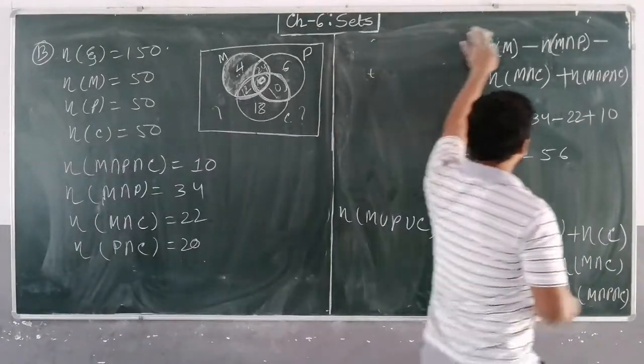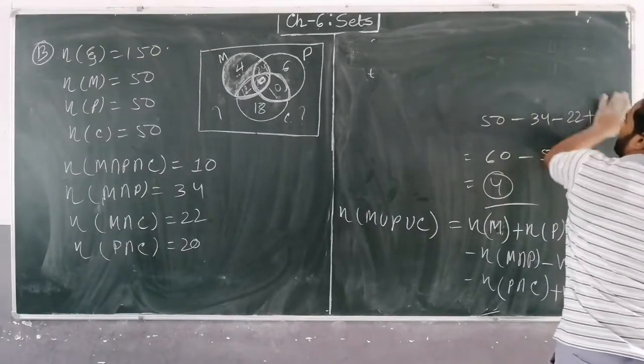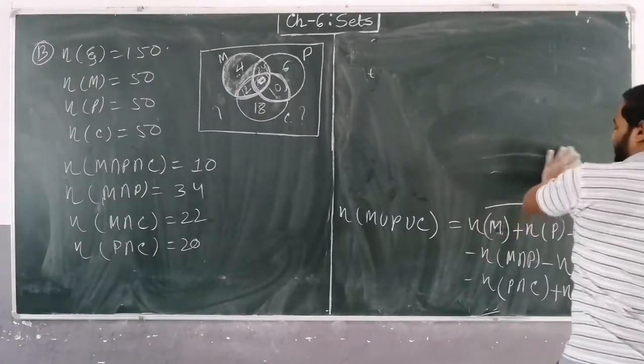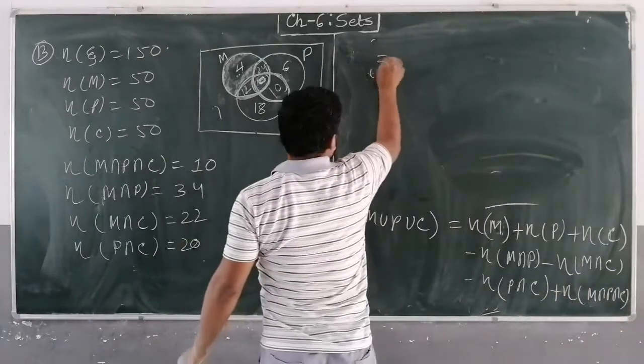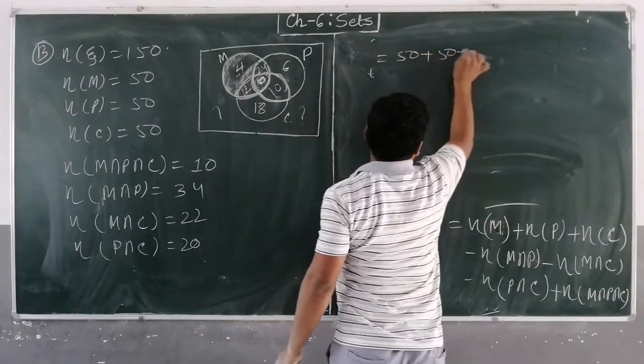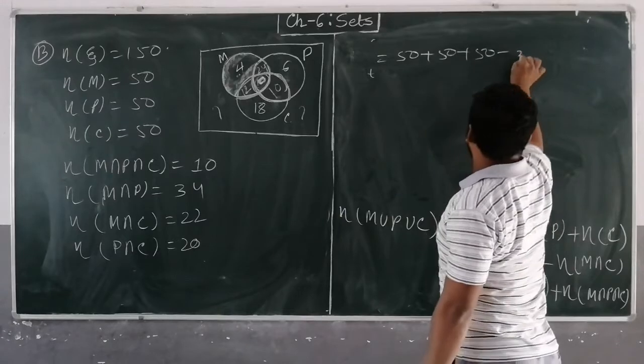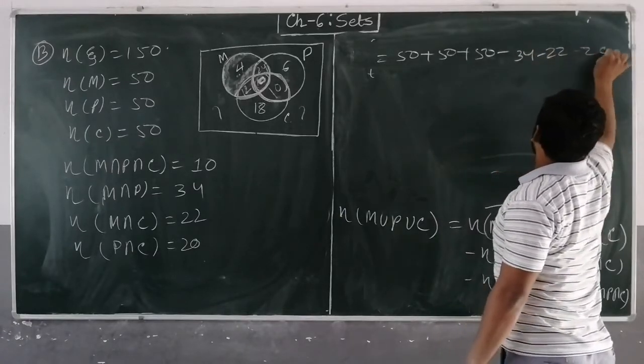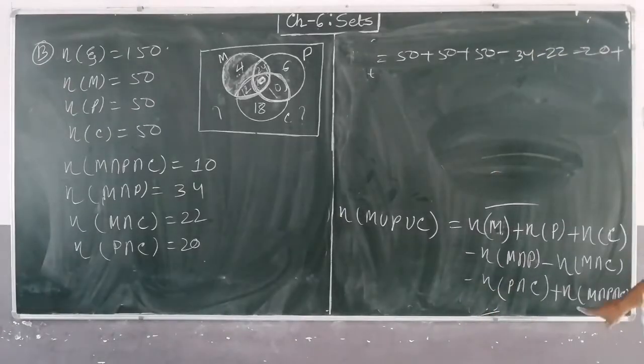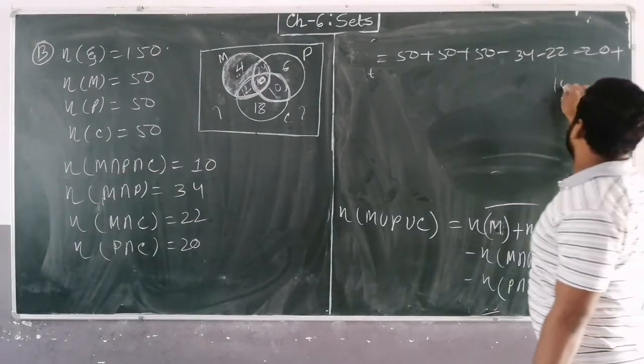So I am writing here. That is equal to 50 plus 50 plus 50 minus 34 minus 22 minus 20 plus this intersection, that is 10.